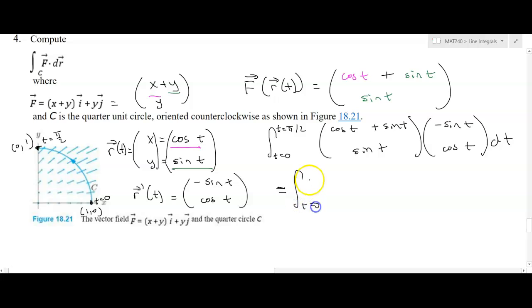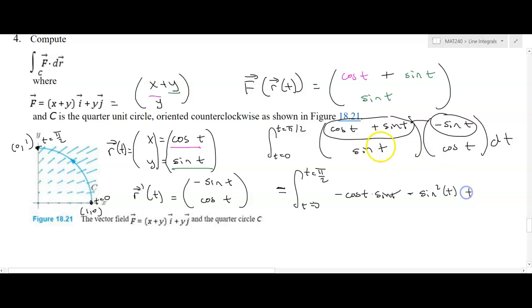And the integral from t equals 0 to t equals pi halves, when we dot these together, we'll have cosine t times negative sine t, or negative cosine t times sine t. So that's just me multiplying this times this. And then distributing negative sine of t times sine t gives me negative sine squared t. Plus, now I have to add the product of these two together, which is cosine of t times sine of t, all of that with respect to t.